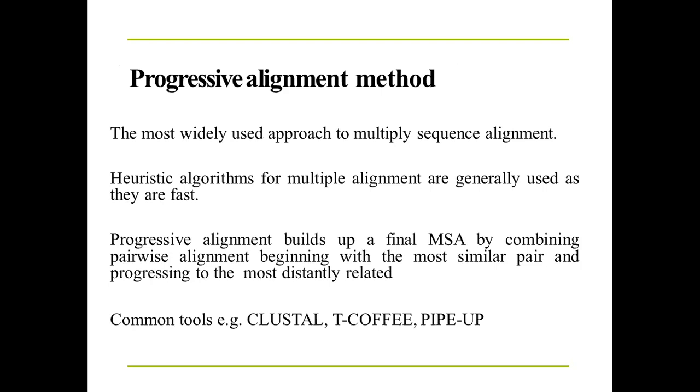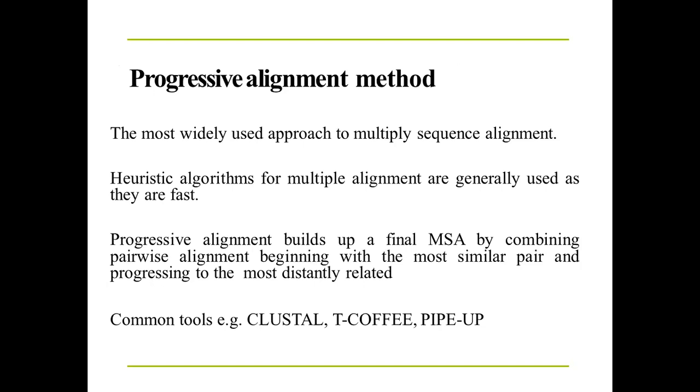We already studied dynamic alignment methods in detail in previous lectures; if someone wants to learn more, they can consult those lectures. The progressive alignment method is the most widely used approach for multiple sequence alignment nowadays. Heuristic algorithms are used, and it is considered the fastest and most accurate method for multiple sequence alignment.